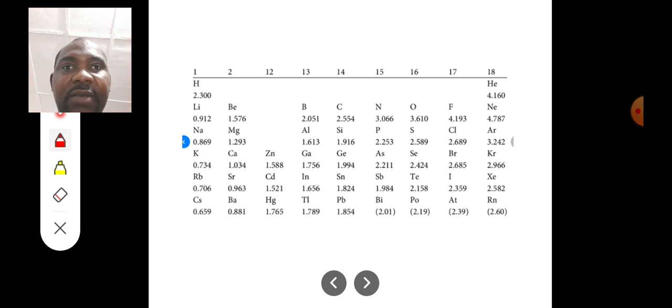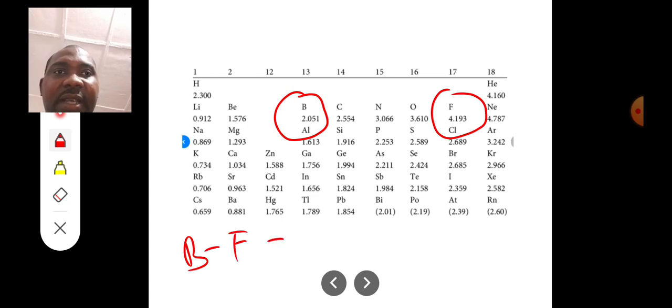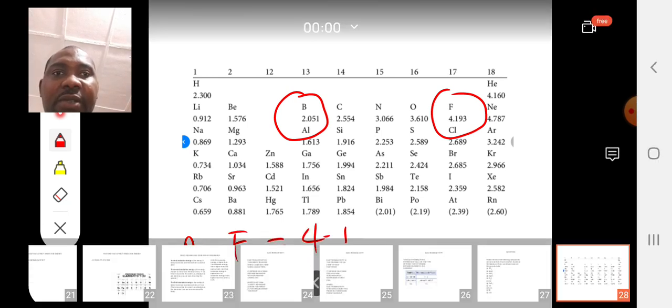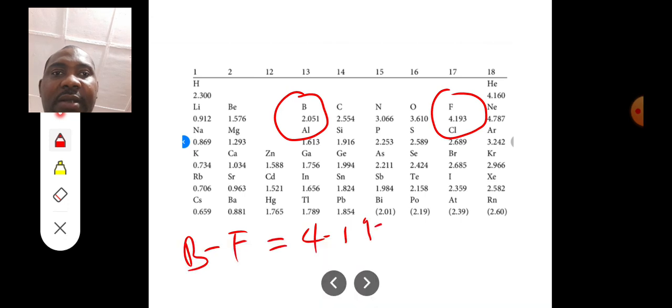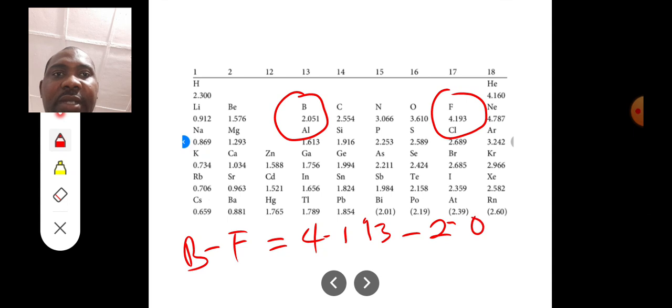So let's see, we have boron fluoride. Look at boron here, 2.051. Then fluorine, look at fluorine here. Okay, so for boron fluoride, the difference here will be 4.193 minus 2.051.